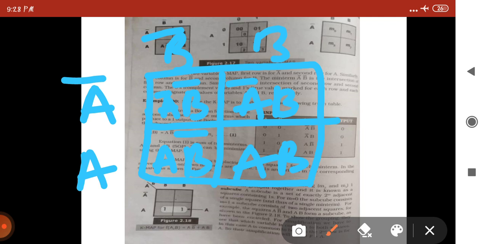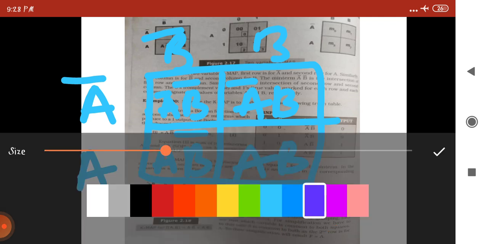Yes, in this we have M0, M1, M2 and M3. In the minterms, what we have seen, let us take that.